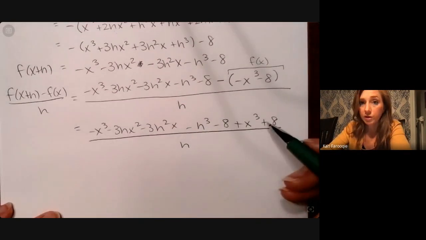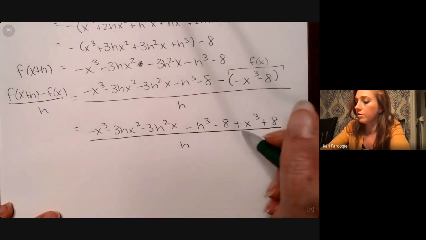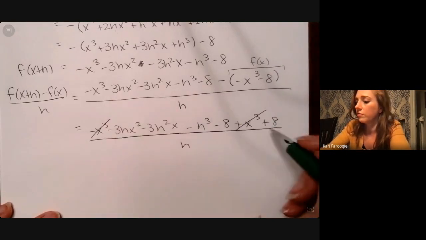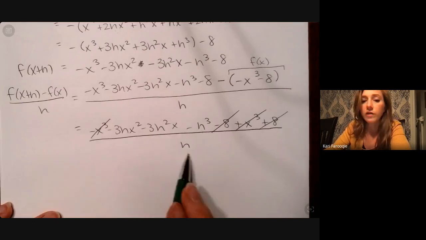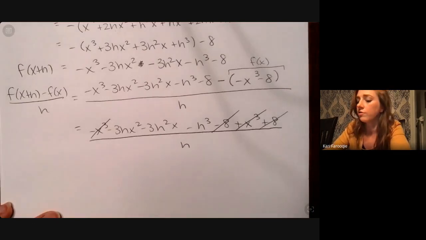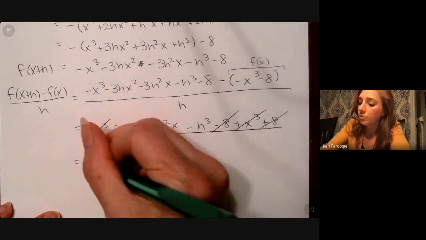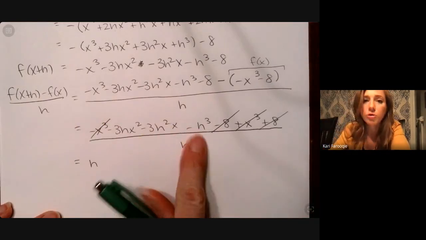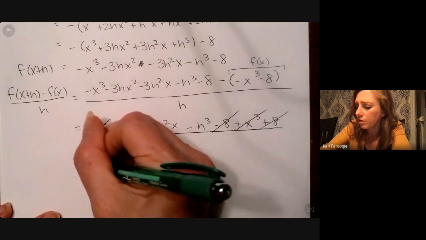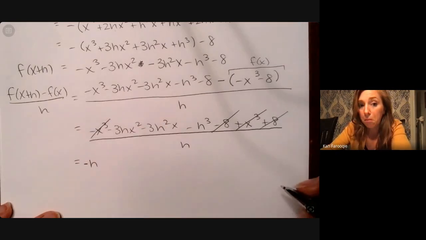Now, again, if you've done this correctly, you're going to get these terms at the end to cancel out. And then most of the time, especially with these polynomial functions, you're going to get a factor of h to cancel out so that you can cancel out that denominator. So I'm going to take out a factor of h. If this negative is bothering you, take out a negative h.